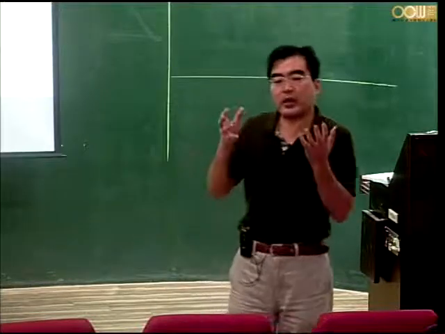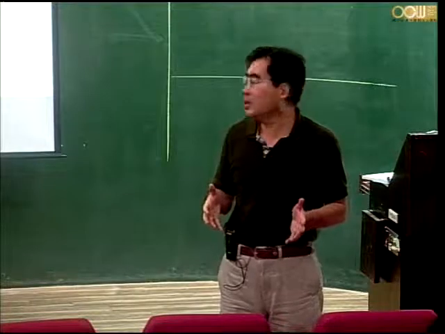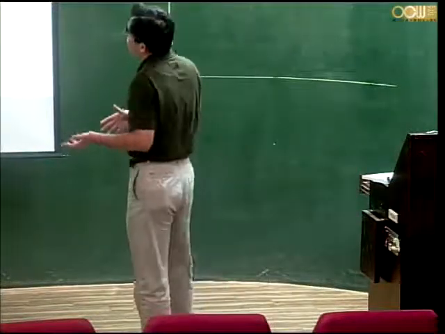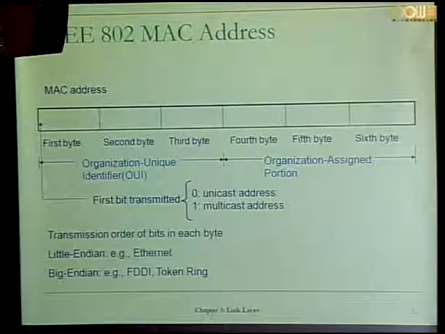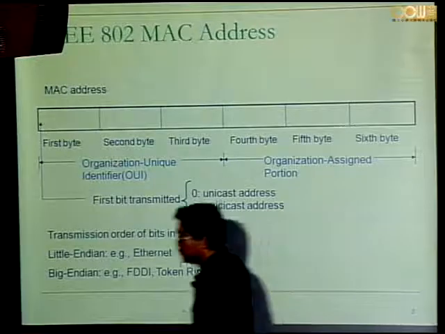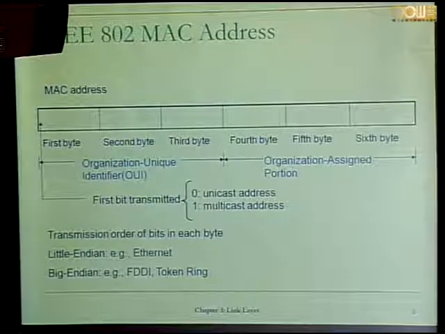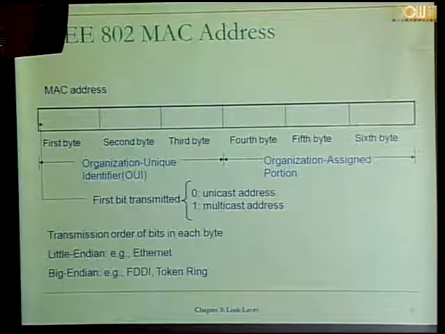If you have multiple bytes to store in the memory, are you going to store the high order byte in the high order memory, or the low order byte in the high order memory? So let me draw this.